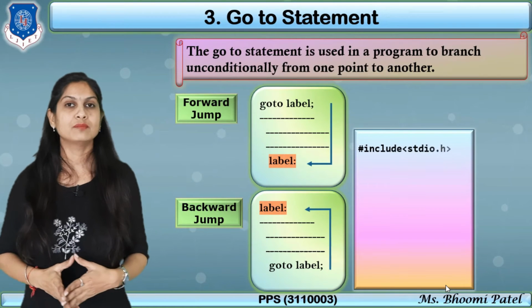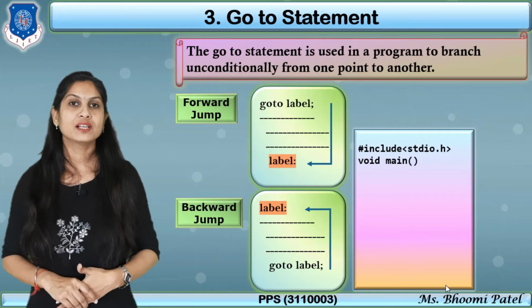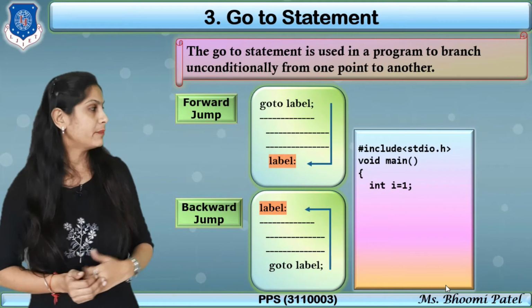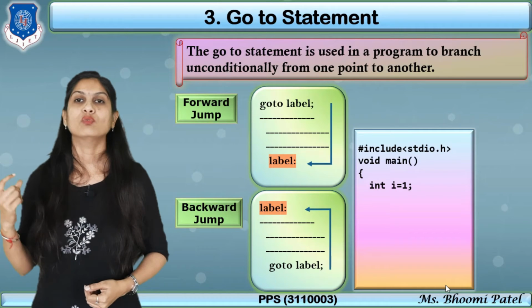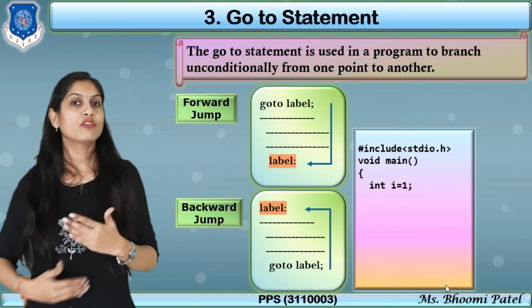Let's take one example regarding this topic. Here I am writing the header file first, then void main, and inside void main I declare one variable, I equals 1. Then I am taking the example of a backward jump.